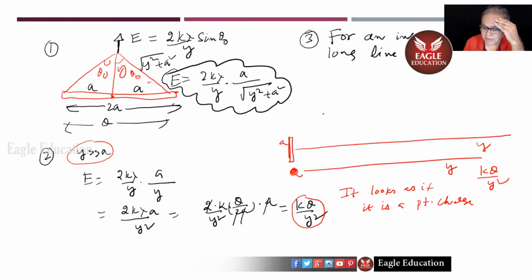Infinitely long line charge means it will be very, very long like that, going to infinity somewhere here. Perpendicular distance of y, if I take, what will be this angle theta? For an infinitely long wire, what is this theta?